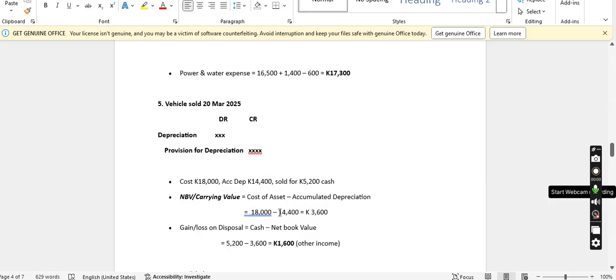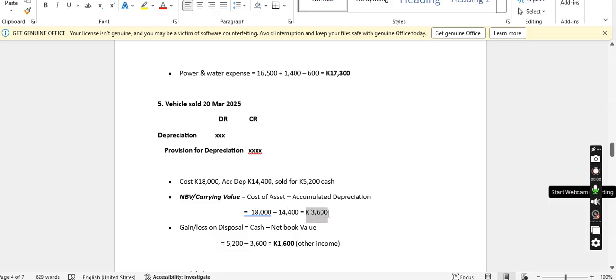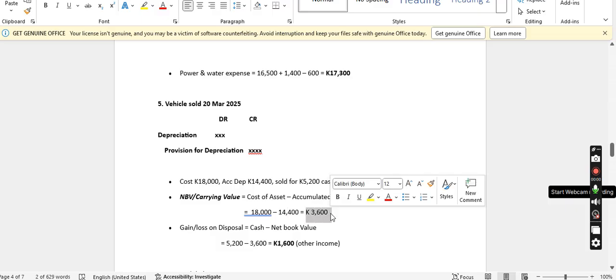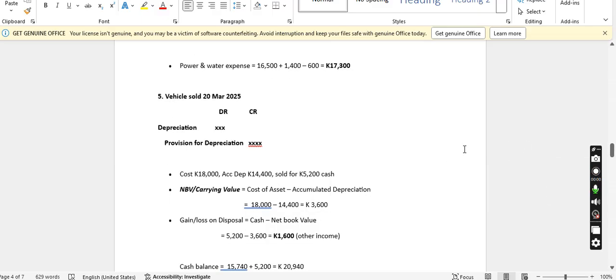The accumulated depreciation is 14,400. So 18,000 minus 14,400, 3,600. So this is the value of our asset. Okay. Now this delivery van, which is worth 3,600, was sold for 5,200. All right.